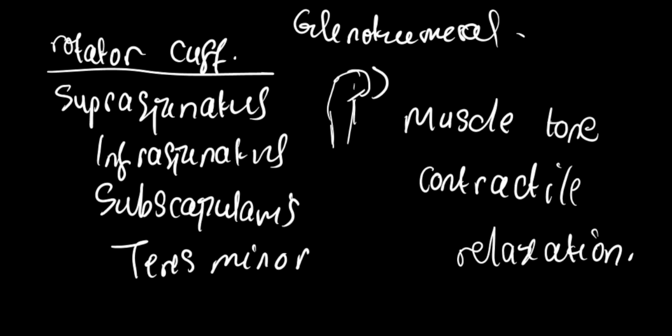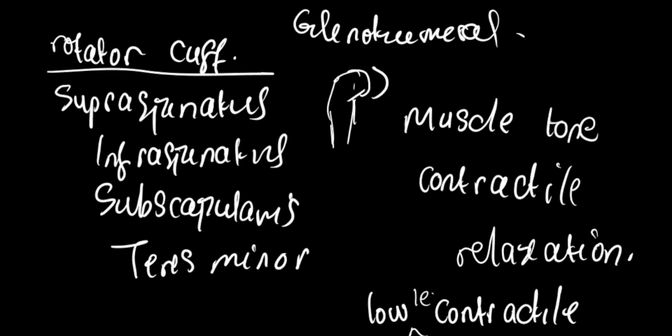However, it's good to take note that no muscle is in a total state of relaxation at any point in time. Even when a muscle is inactive, it's not completely relaxed. This low level of contractile activity of a relaxed muscle is what we call muscle tone.